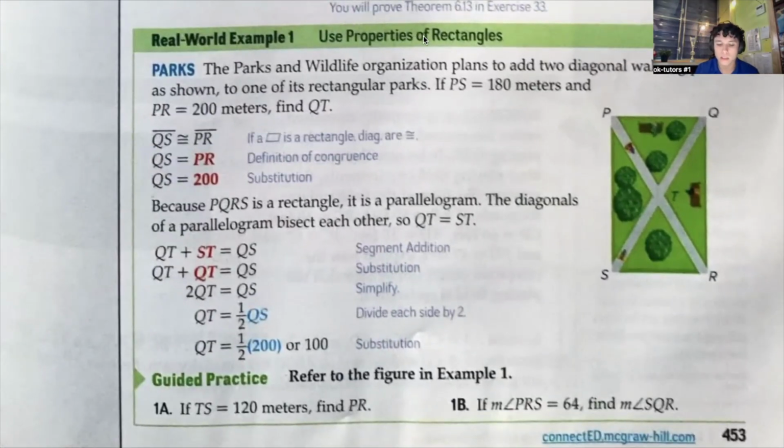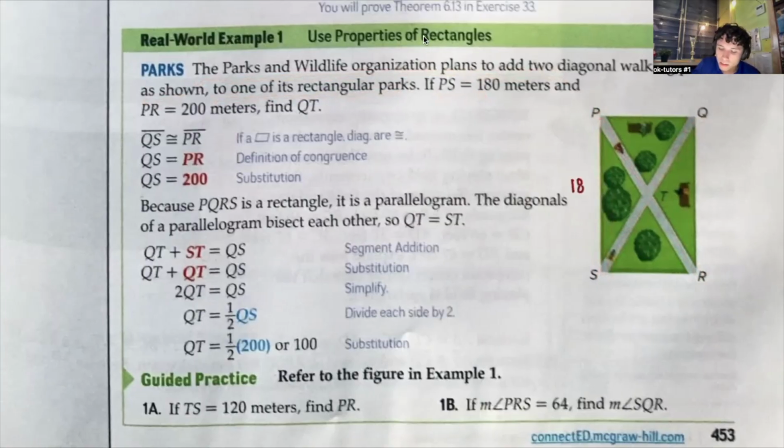It says, the Parks and Wildlife Organization plans to add 2 diagonal walking paths, as shown, to one of its rectangular parks. If PS is 180, that means that from here to here is 180.